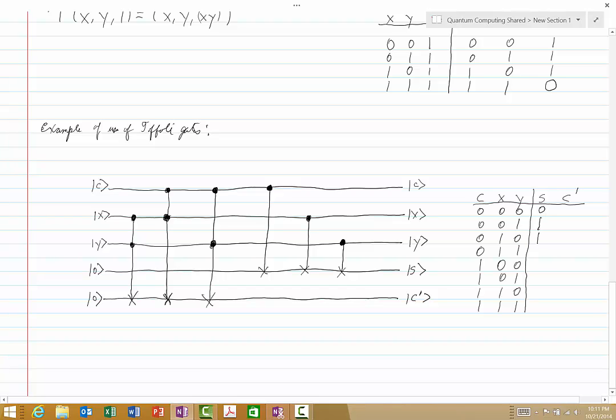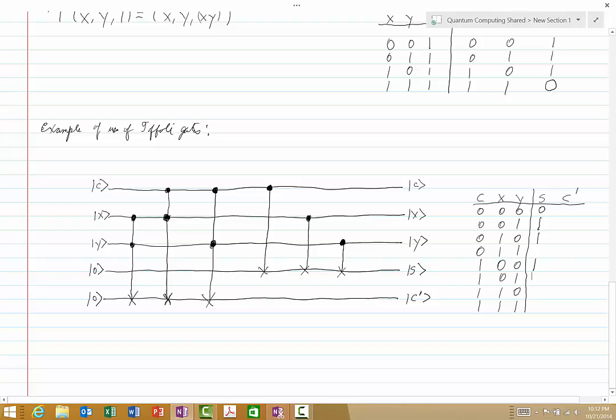And let's skip over the next case and go to this one. When C is 1 and X and Y are both 0, again, we will get 1 for S, because the 1 value for C causes an inversion here, and since X and Y are both 0, we have no inversions there. So that's still one more case where we have one inversion, and so the 0 goes to 1 to give us S equal to 1.